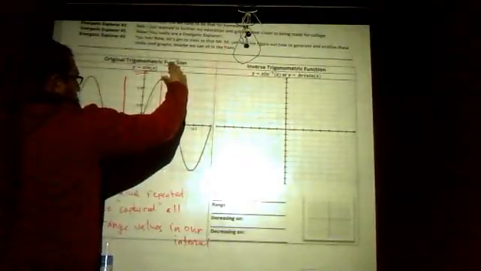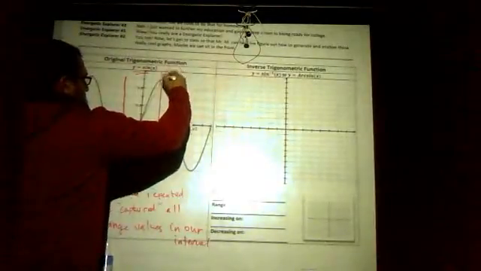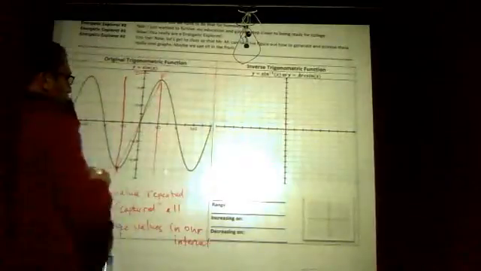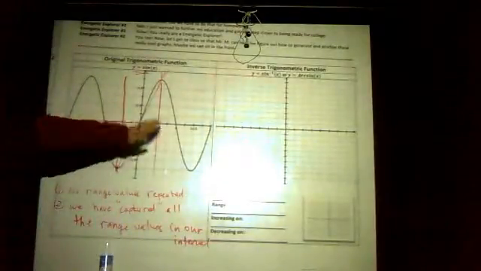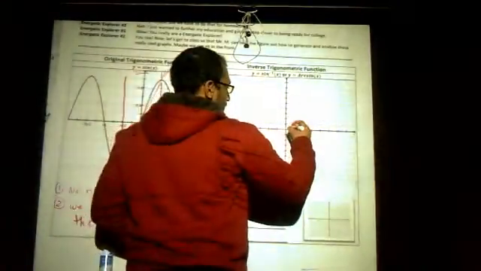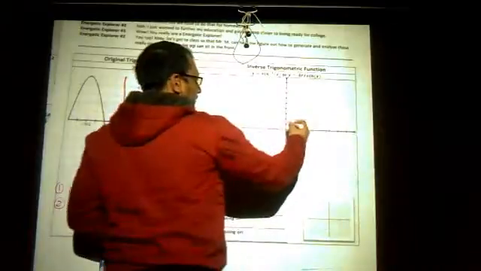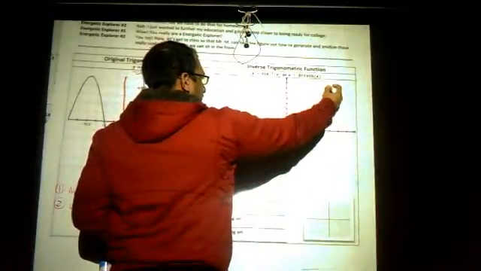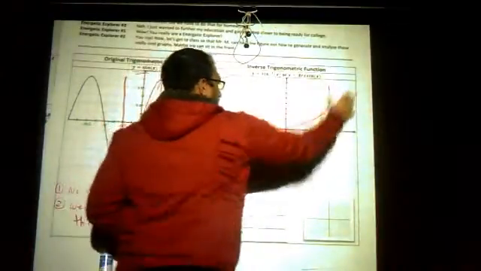So it'll look something like this. All you're going to have to do is reflect it over that line, y is equal to x. So your function for your inverse sine has to look something like this, right? Well, let's not graph it yet.